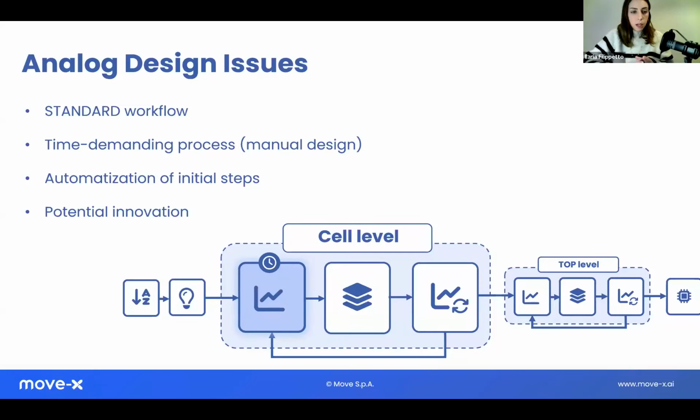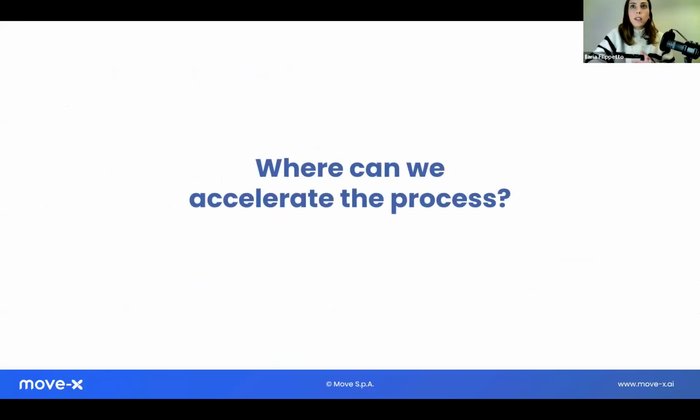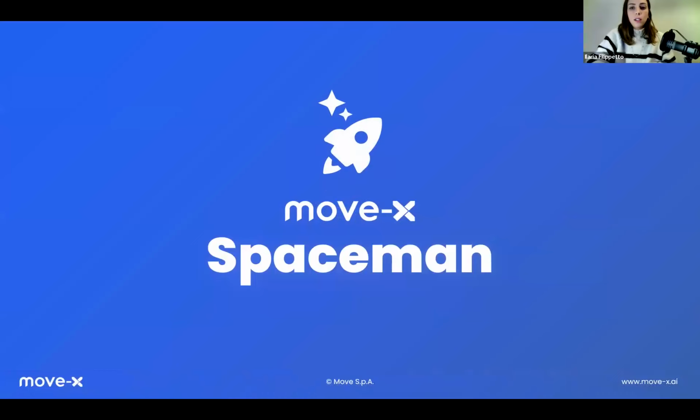So it is really important to highlight that there is potential for innovation in such a flow, and this is the idea on which our R&D team started to try to answer the question: where can we accelerate the process? And so this is how Spaceman was born.